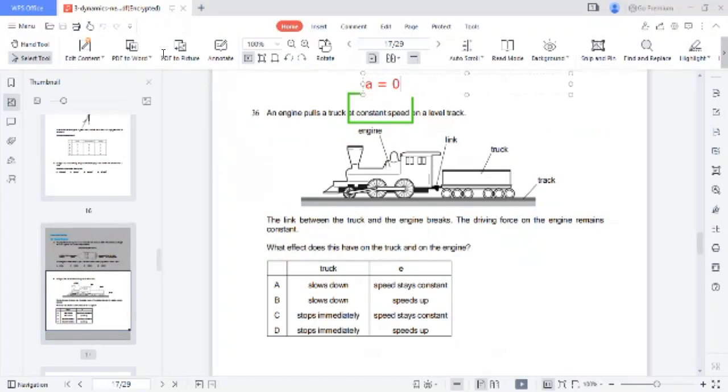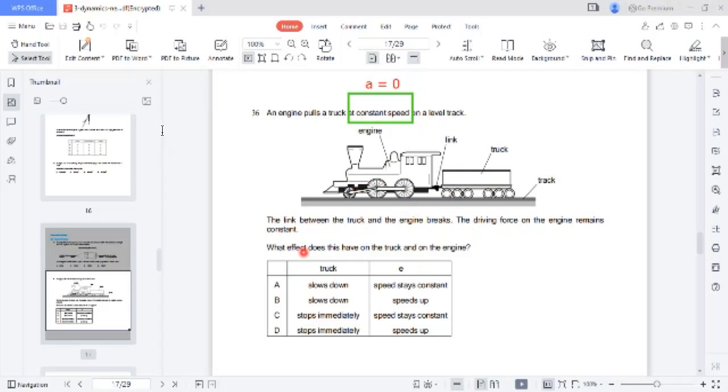The link between the truck and the engine, this is the truck and this is the engine, and the brakes would be somewhere here. The driving force on the engine remains constant because there is a balanced force.